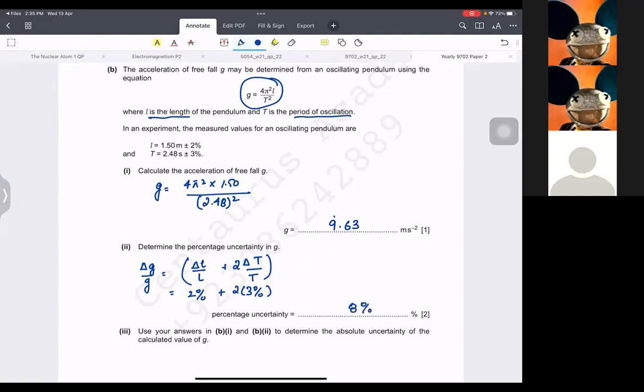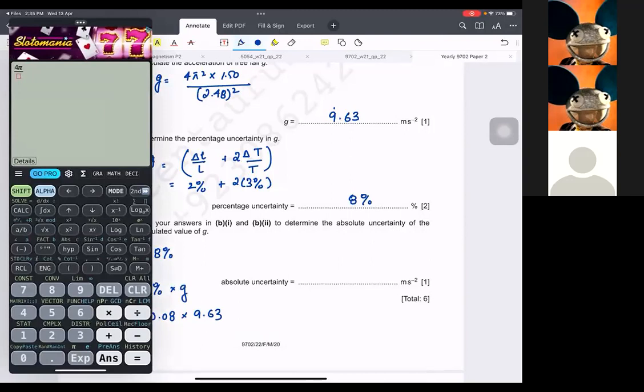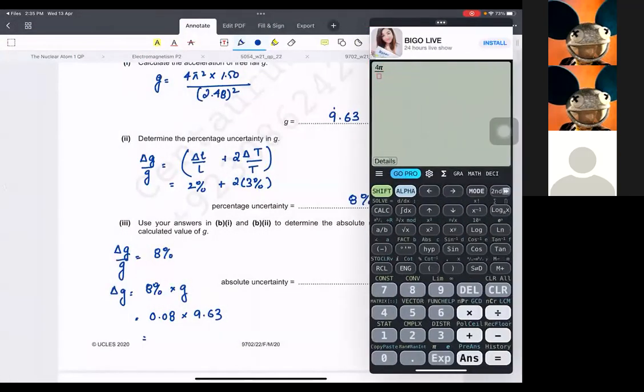Now it says use your answer to determine absolute uncertainty. To do that, delta G over G equals 8%. So we want to find 8%, which is 0.08, times G, which is 9.63 that you guys found out.